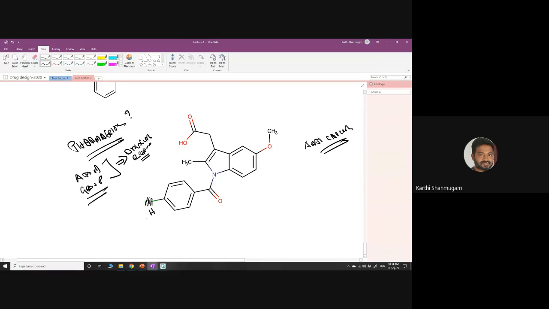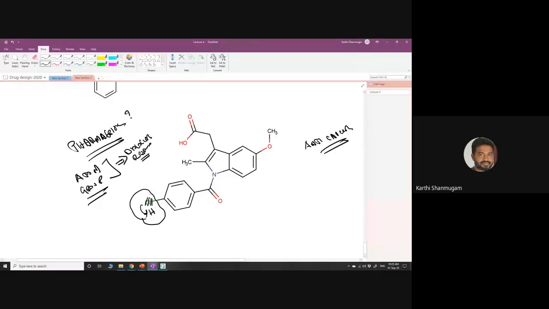Now they replaced this Cl with H. For this analog, they evaluate the biological activity, whether the same biological activity is retained or not. If there is no change in the biological activity, what does it mean? What can we infer from this experiment? I changed the Cl to H, but there is no change in the biological activity.